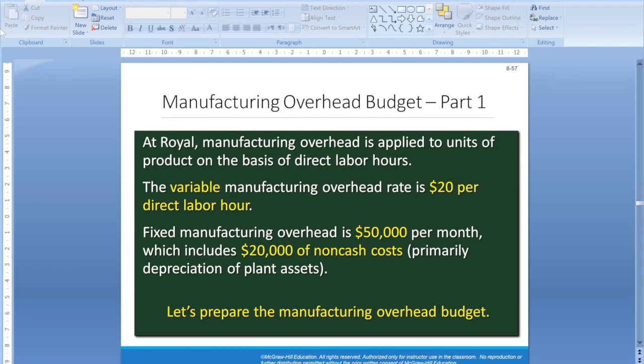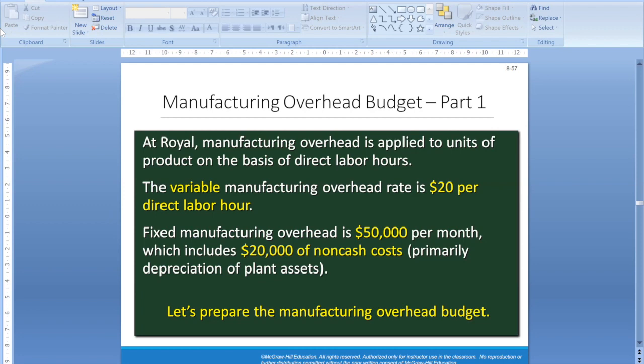So we need a base to allocate the manufacturing overhead. According to our example here, the base is the direct labor hours. That's why I will depend on the labor budget to complete the manufacturing overhead budget.